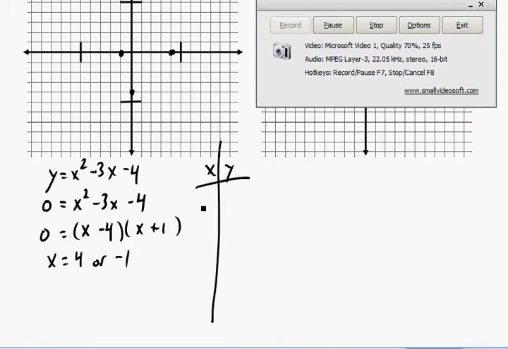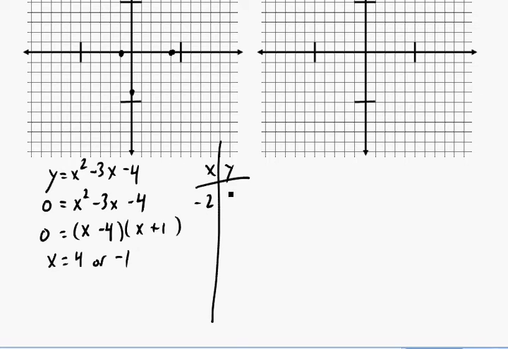The table of values would look something like this. Negative 2, 6; negative 1, 0; 0, negative 4; 1, negative 6; 2, negative 6; 3, negative 4; 4, 0; and so on.